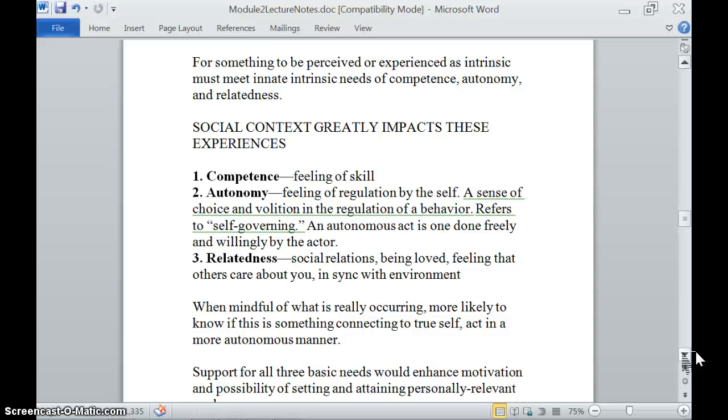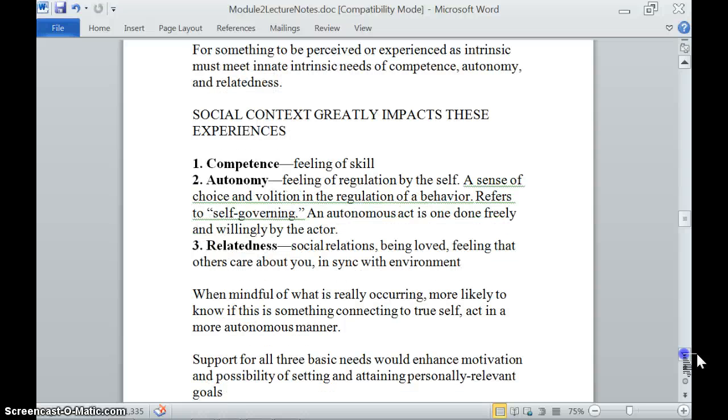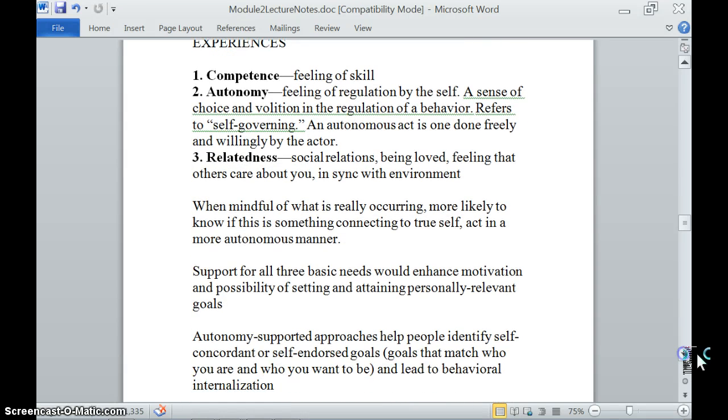So these are the three key innate needs that we all have, and in order to be intrinsically motivated, the more you can meet these needs, the more likely people will be intrinsically motivated. And the main idea here, of course, is that people need to have some intrinsic motivation.